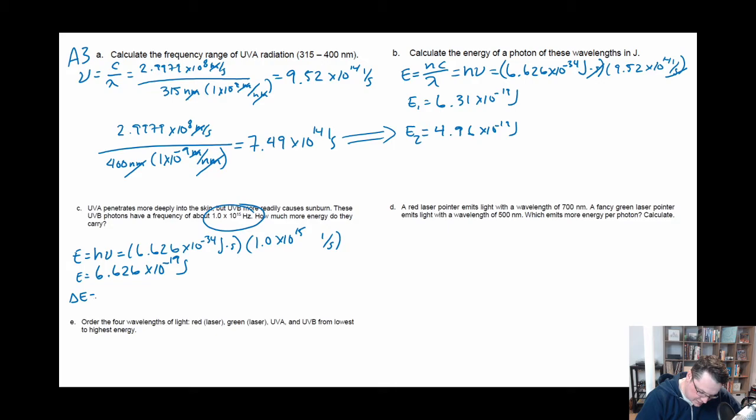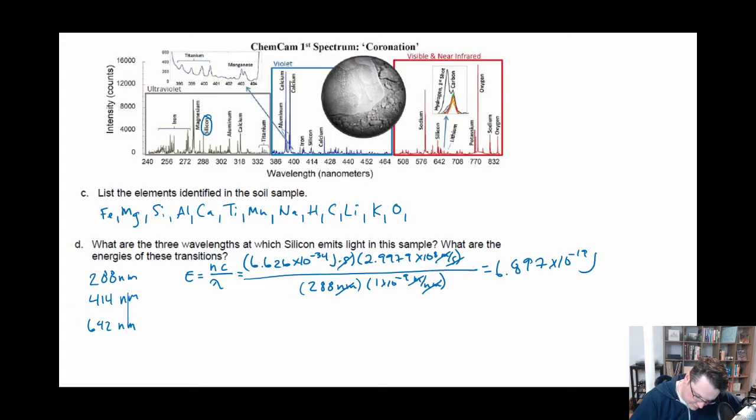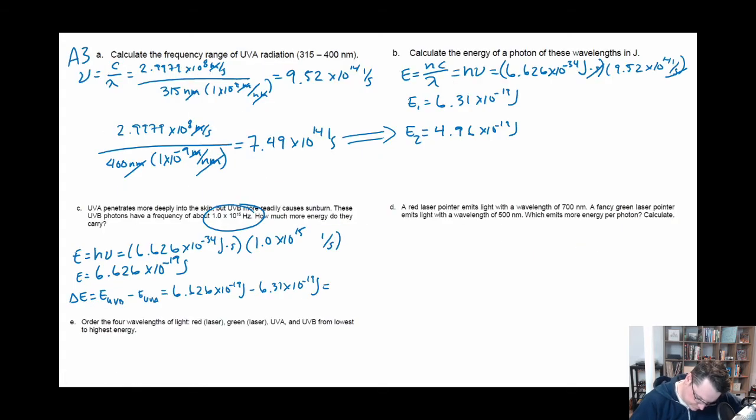So the difference in energy, E of UVB minus E of UVA, is going to be 6.626 times 10 to the negative 19 joules minus 6.31 times 10 to the negative 19 joules, which comes out to about 3.16, which is, close enough, 3.16 times 10 to the negative 20 joules.